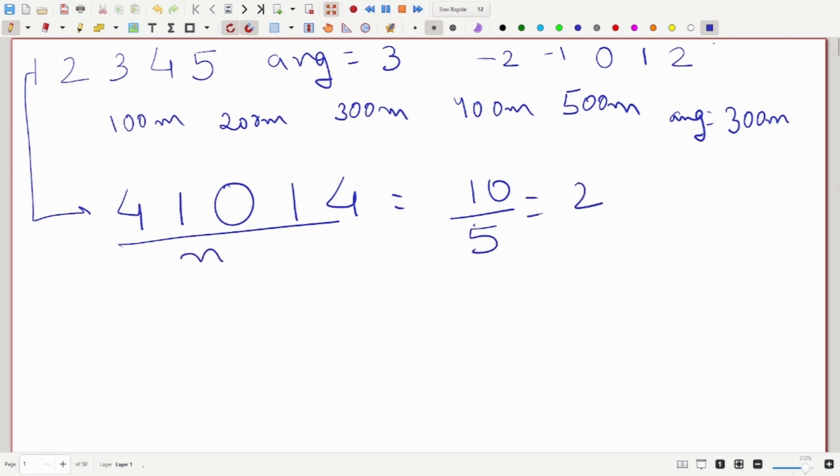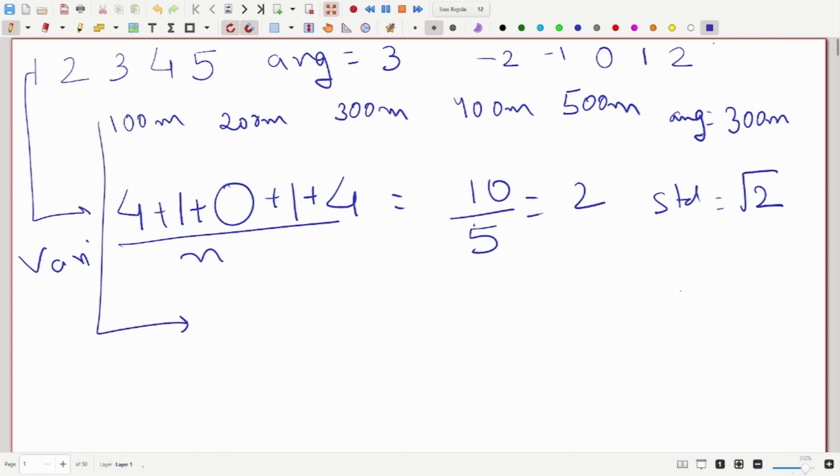So it is 2. This is variance, and standard deviation is root 2. On the same line, the standard deviation of this will be root 2 times 100.